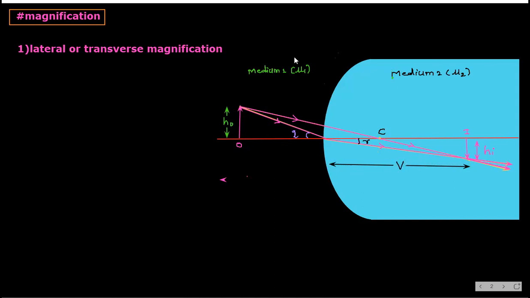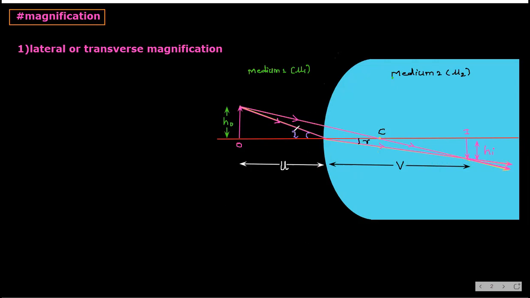And on this side you have the object, so whatever this distance is, that is your U. Ray optics means diagrams.